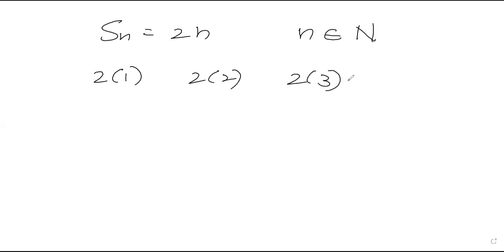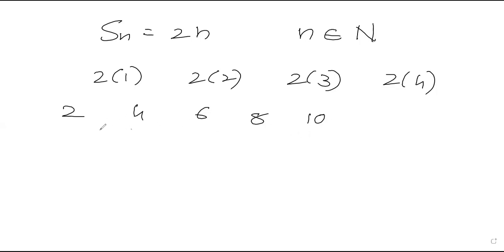So Sn, suppose I write as 2n, where n always takes the values of natural numbers. So I'll start with 1: 2 into 1, 2 into 2, 2 into 3, 2 into 4, and it will go on like this: 2, 4, 6, 8, 10. We'll say this is a sequence.